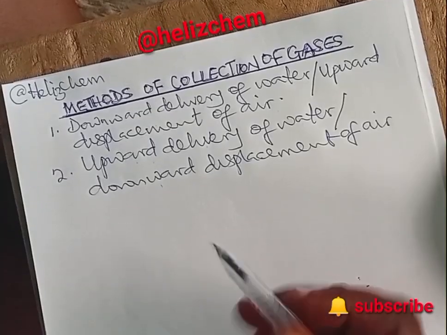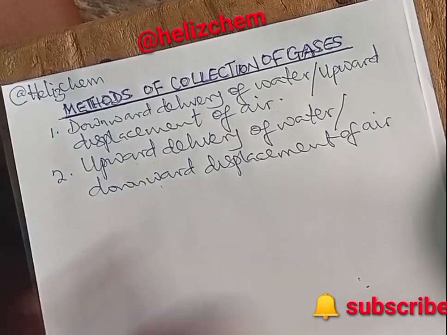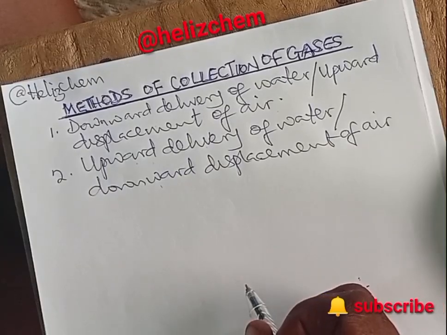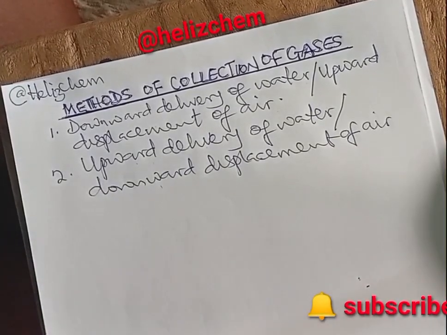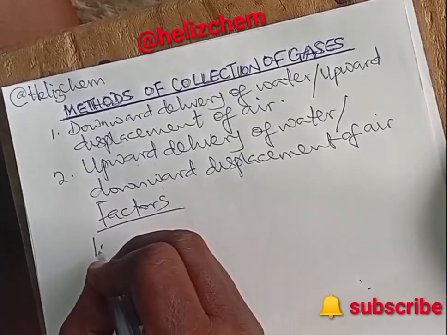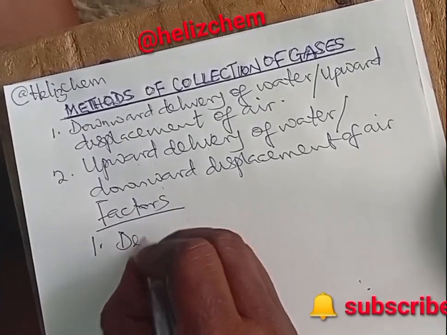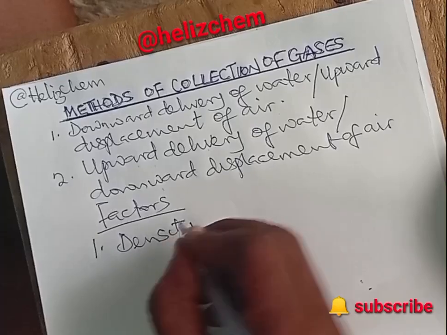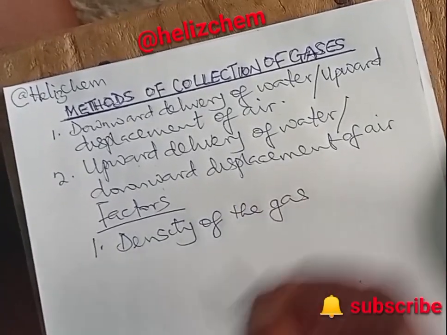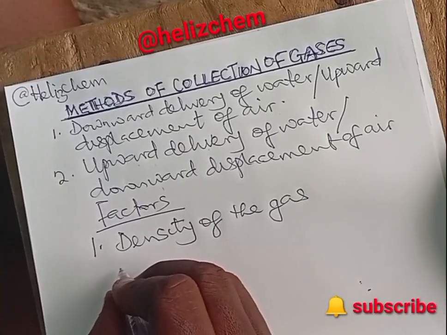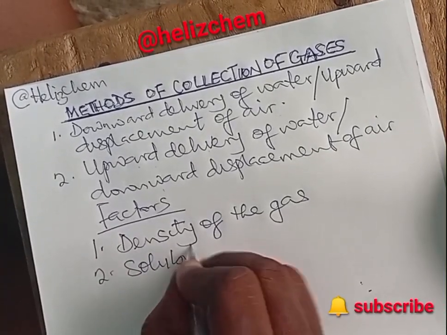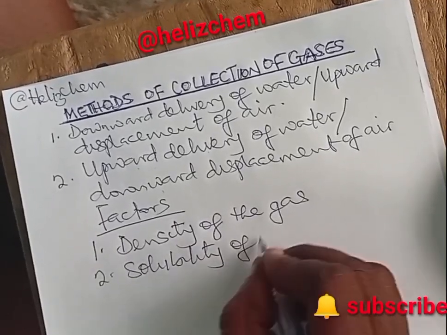Before you can pick or choose any one of these methods for a particular gas collection, you have to consider these factors. One of the factors is density of the gas, and the second one is solubility of the gas.